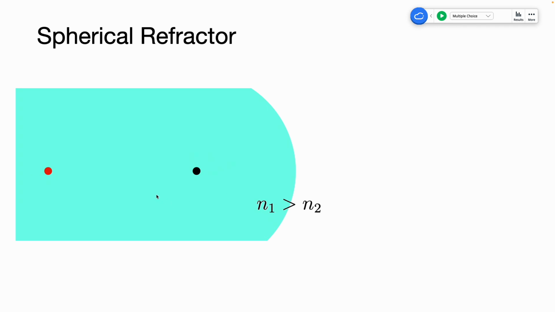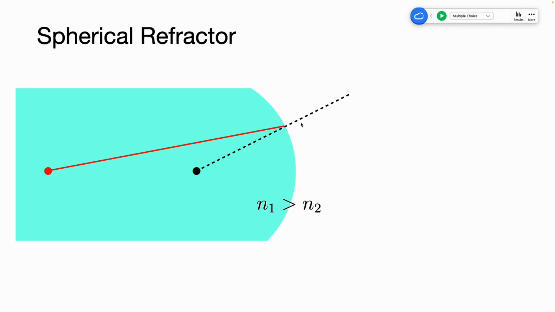It can be water, it can be glass, and you have a point light source inside of the glass. When the light comes from this point light source and hits the interface between the glass and the air, it will be refracted. The law of refraction is that you draw this normal line, normal to the interface that the light ray passes through, and in this case, because it is a spherical refractor, this is a part of the circle centered at this point.